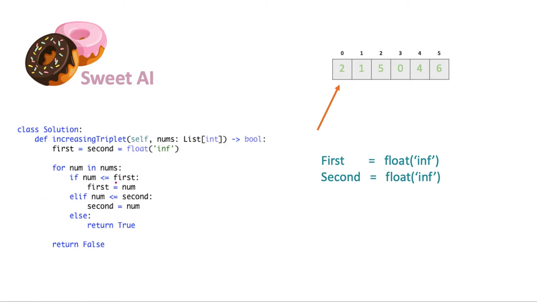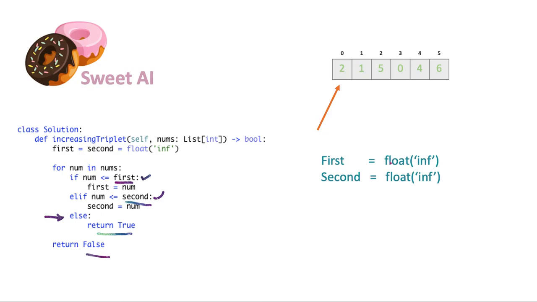We check the first number at the beginning, and if this condition was not valid, we go for the second one, and if it was not valid, we go for the third one and we return true. In either case, if they are true, we update this and go for the next number. And at the end, if we don't get to this else, we return false.